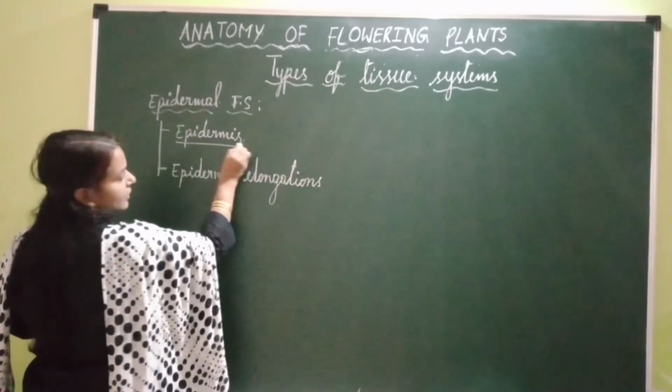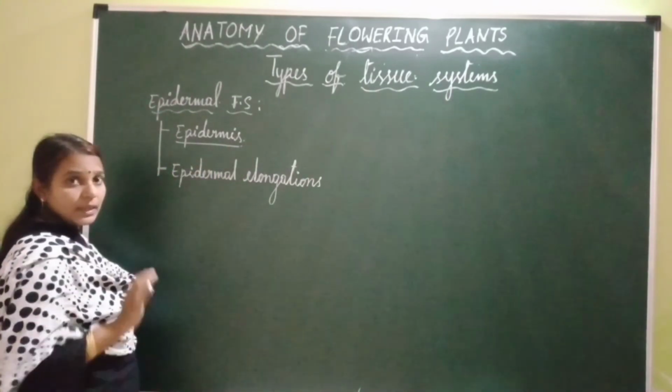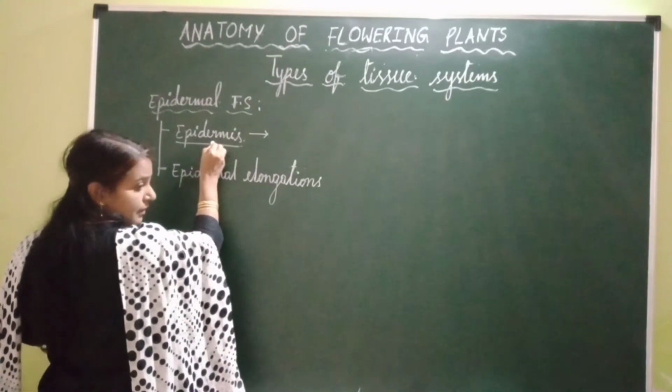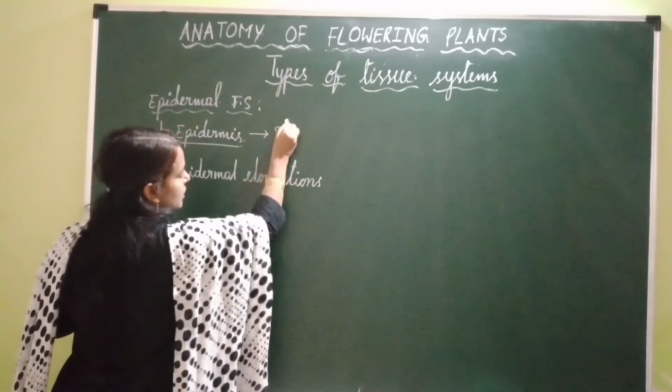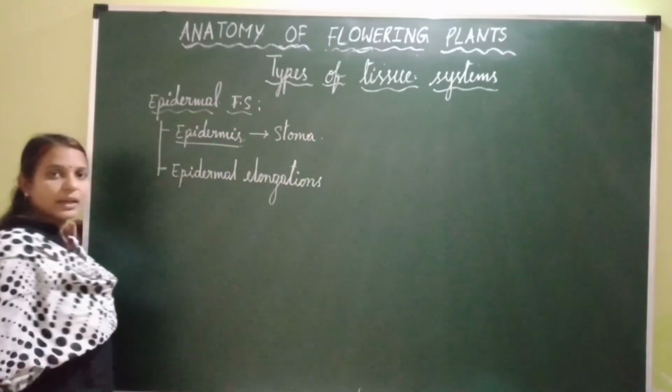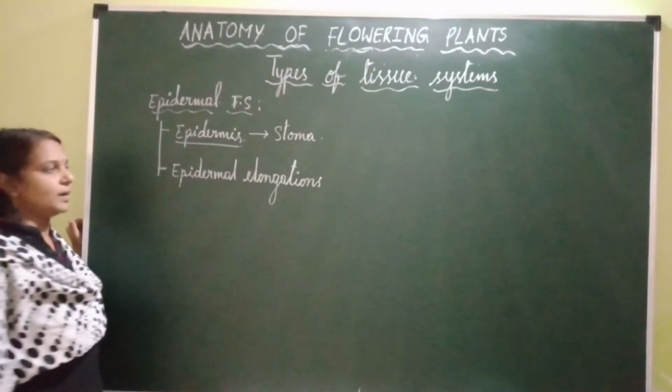Let's start with epidermis. So this epidermis consists of stomata also in it. While dealing with this epidermis, I will also explain about stomata present in dicots and monocots. Singular is stoma, plural is stomata.